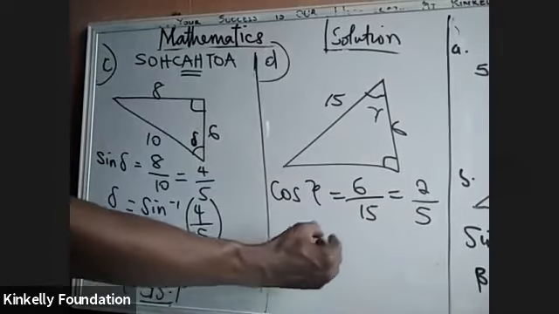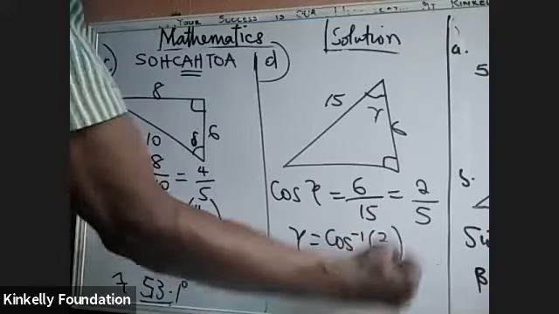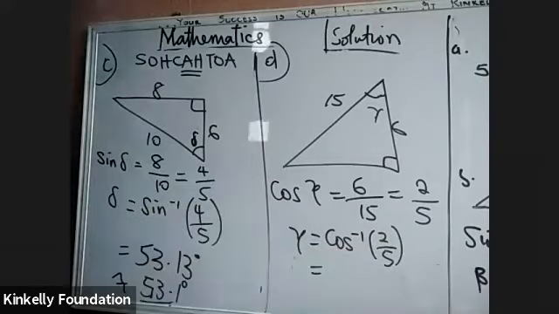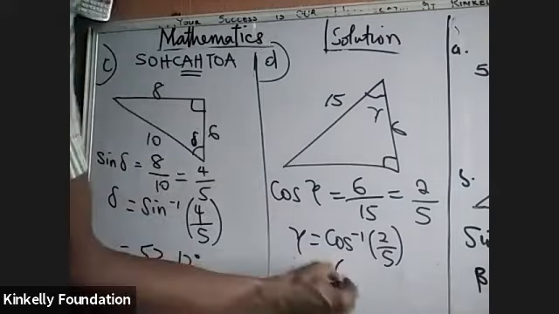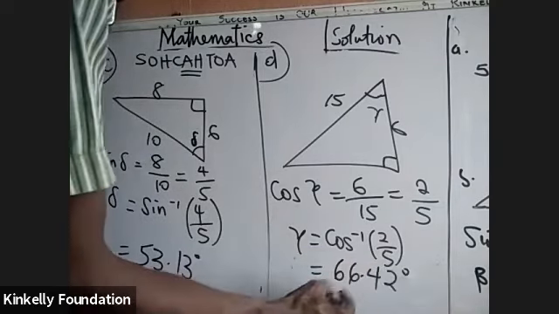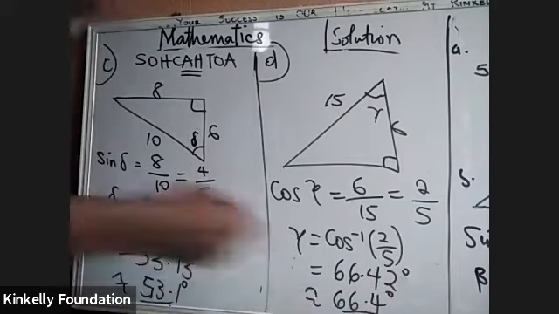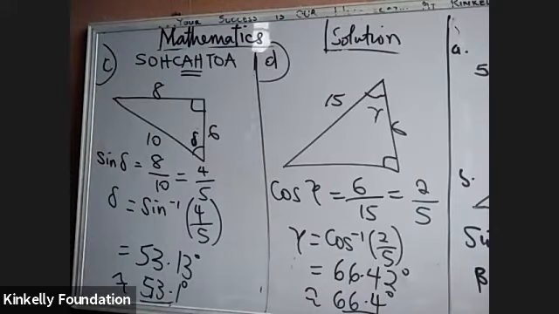So gamma will be cos inverse of 2/5, which gives us 66.42 degrees, approximately 66.4 degrees. These are the values.